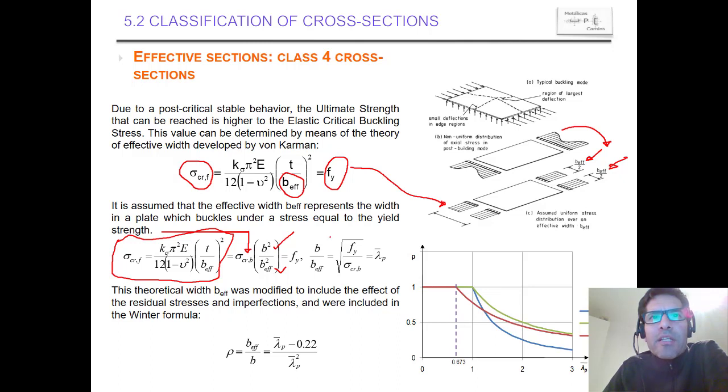Okay, so rearranging this equation, we have the elastic critical buckling stress on the bottom, we have Fy, and then we have this magnitude, which is B over Bf.